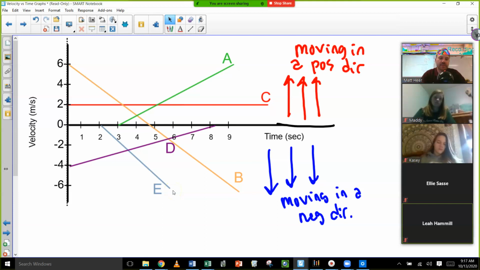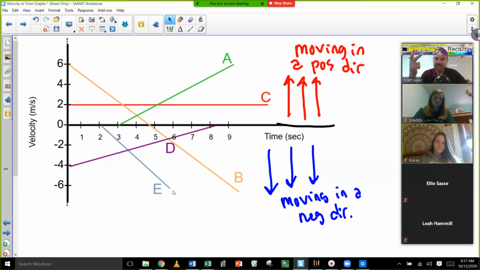Which of these graphs are changing speeds? B. Yes. Are there any other graphs that are changing speeds? E. E is changing speed. Is A changing speed?